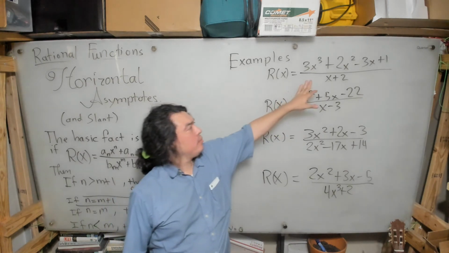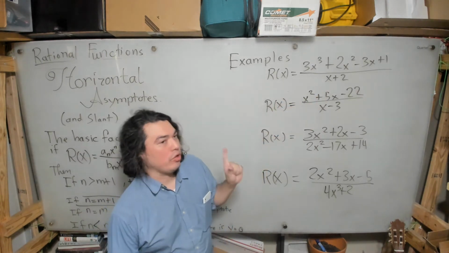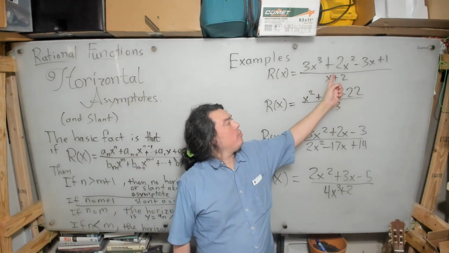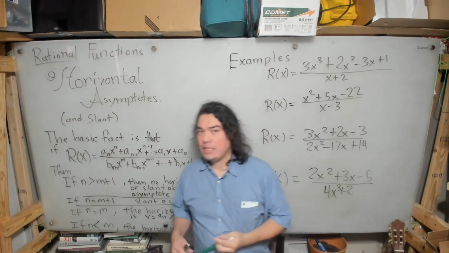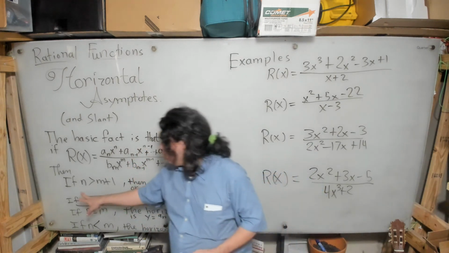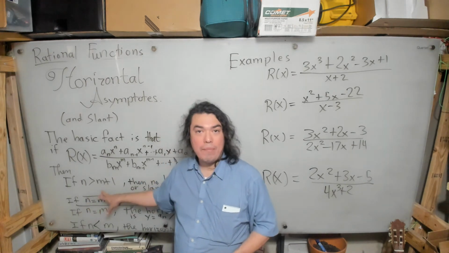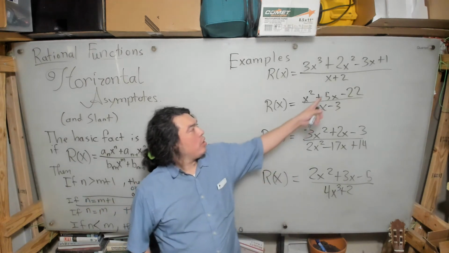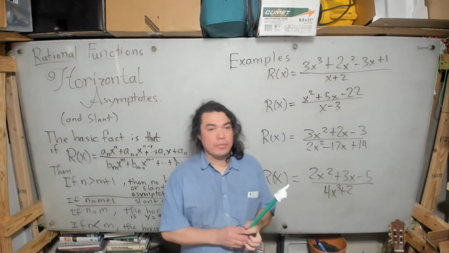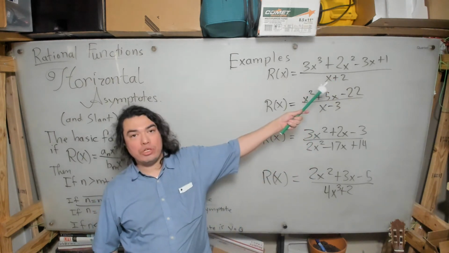In this case, we have a cube on the top and a first power on the bottom, right? Because x is the same thing as x to the first power. Now, is the numerator power greater than m plus 1? Let's look at that. m is 1 because the power of the denominator here is 1. What's 1 plus 1? 2.